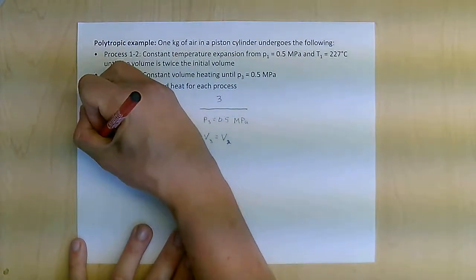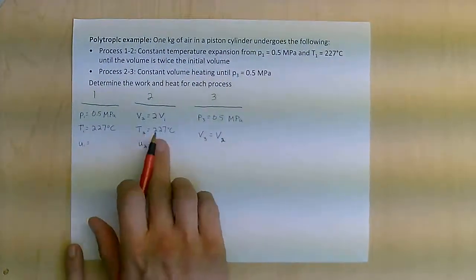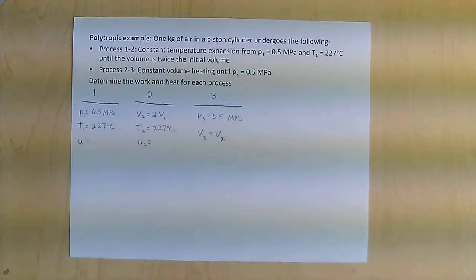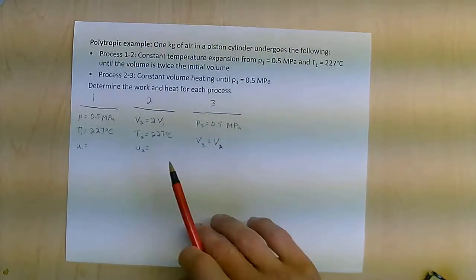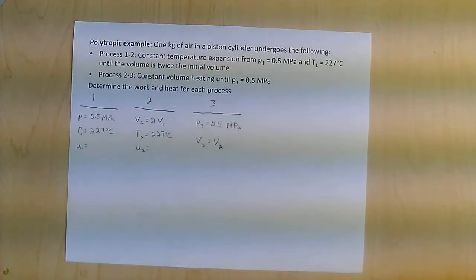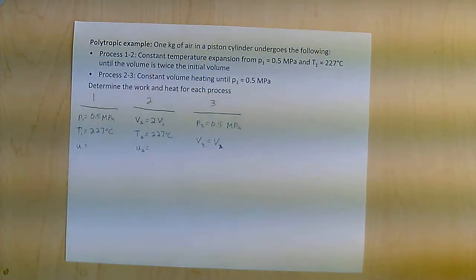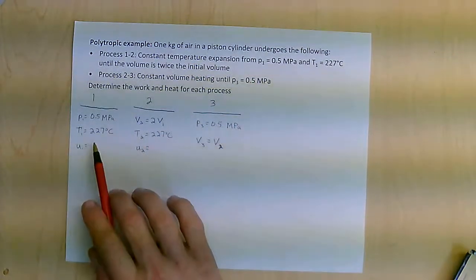That means I can look up U1 and U2, because for air, if I know the temperature, I know the energy. So 227 degrees Celsius is going to be 500 Kelvin, because I add 273.